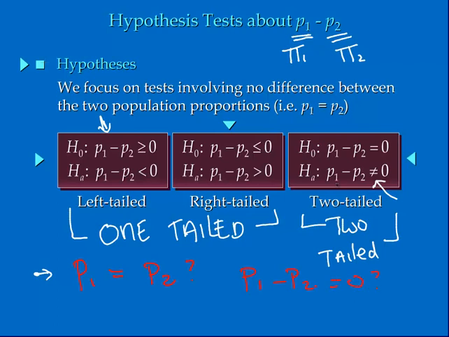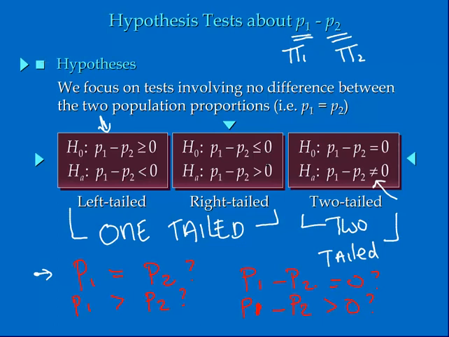That's why we have them in the form we do, P1 minus P2. So if it is equal to 0, or not equal to 0. Is P1 greater than P2? Another way we could write that, P1 minus P2, is that greater than 0? So that would explain the way these null hypotheses and alternative hypotheses are written. So those are the three types there anyway.